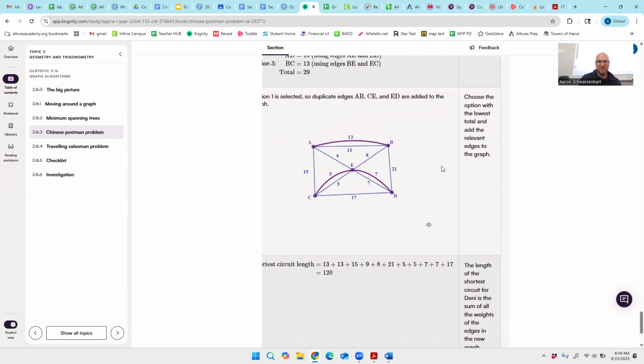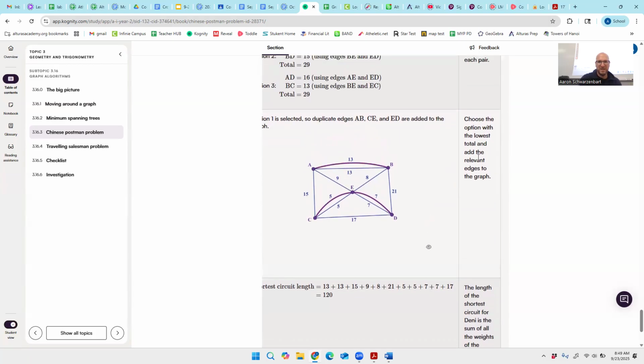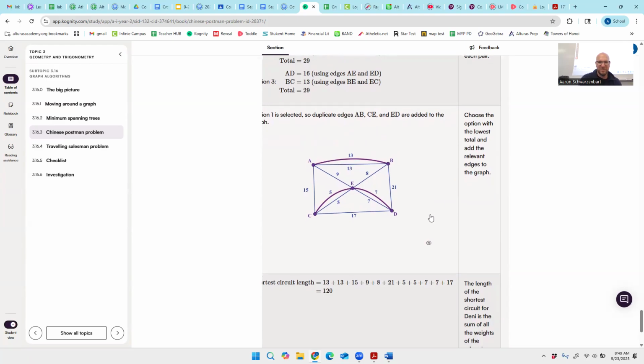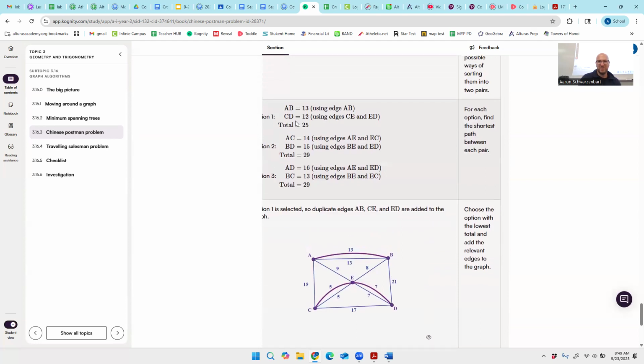Choose the option with the lowest total and add the relevant edges to the graph. So you just act like you're drawing the circuit, right? Add 25. Okay. Well, it's not even act like you're drawing a circuit. Add up every edge because you have to go down every road and then add the shortest, the smallest combination of these.